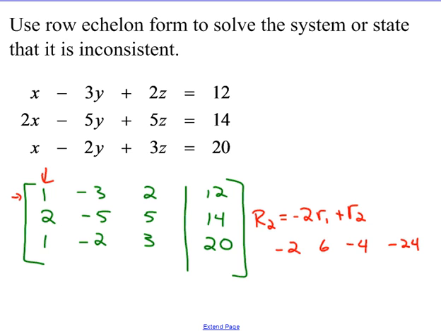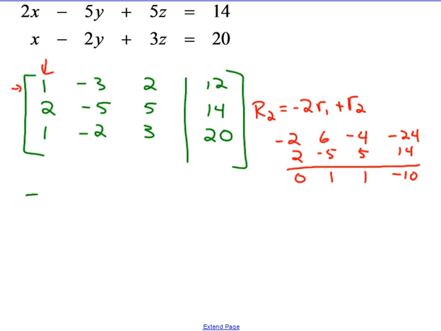And when I add that to my current row 2 of 2, negative 5, 5, 14, I get 0, 1, 1, negative 10. That is what I'm going to put as my new row 2. So my row 1 is going to stay the same, 1, negative 3, 2, and 12. I'm going to replace the old row 2 with my new row 2, which has a 0 as the first term, which is awesome.